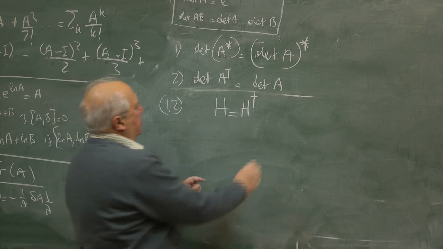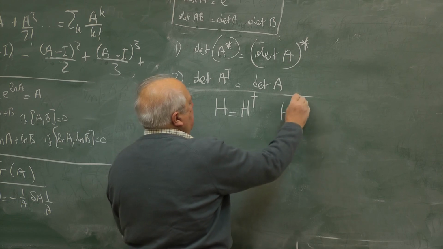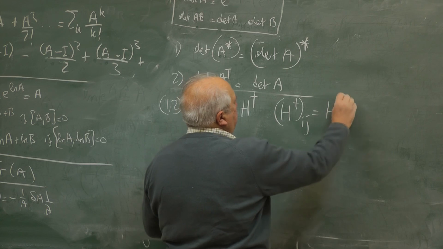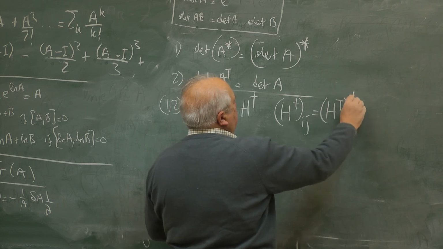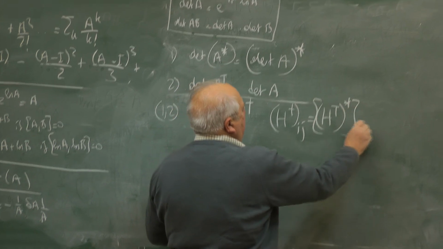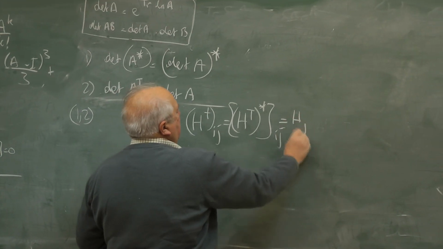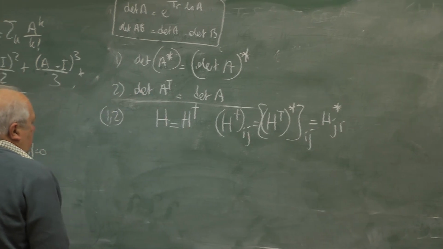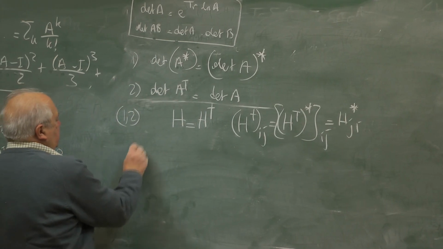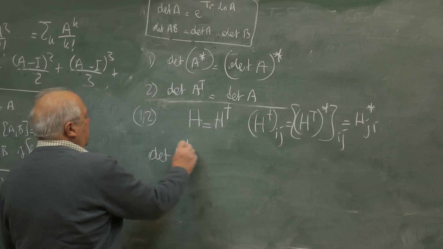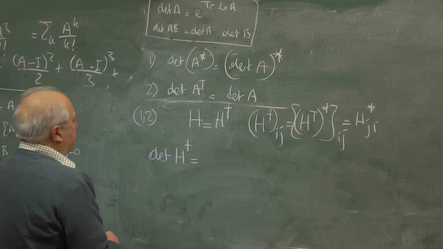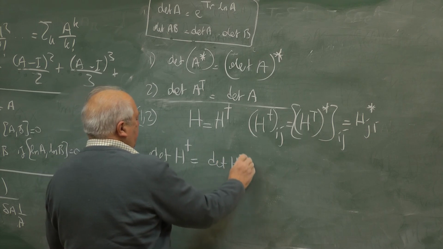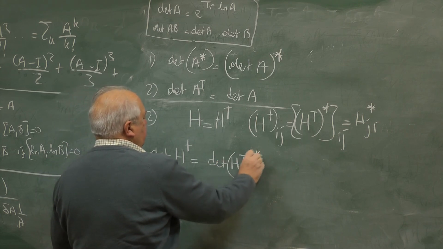H dagger is defined as H transpose complex conjugate, H dagger ij is H ji complex conjugate. So, for example, what is determinant H dagger? This is determinant H transpose complex conjugate.